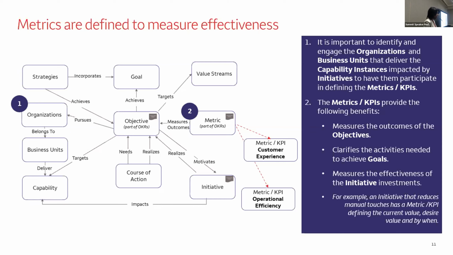And so we started to build out what we were going to measure, clarified what those activities were that we wanted to measure to ensure that the investments were effective. As we built out our OKRs, we needed to define what was the current value for the ones that we were currently measuring, and then what's the desired value, and by when do we expect to achieve that.